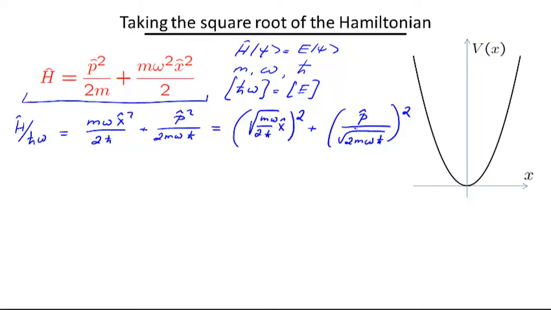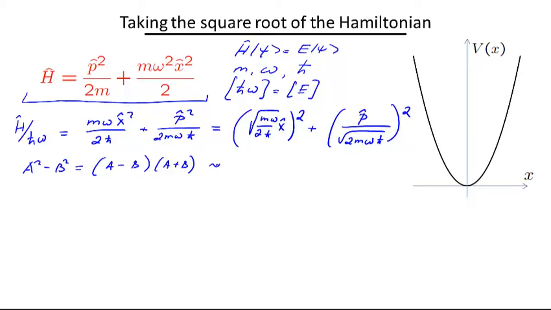The reason I wrote it this way is because I want to use an analog of the following expression that we know from elementary calculus, namely that if we have two variables, let's say a squared minus b squared, we can write it as a minus b times a plus b.